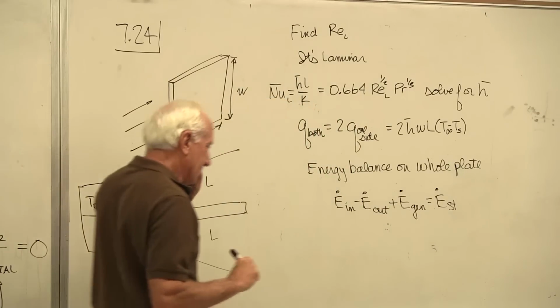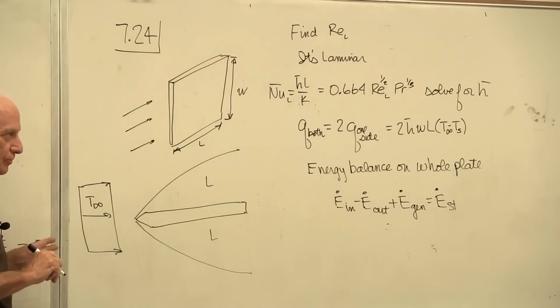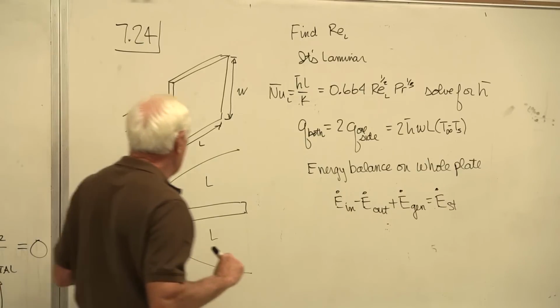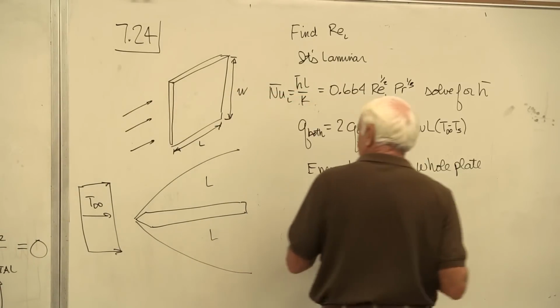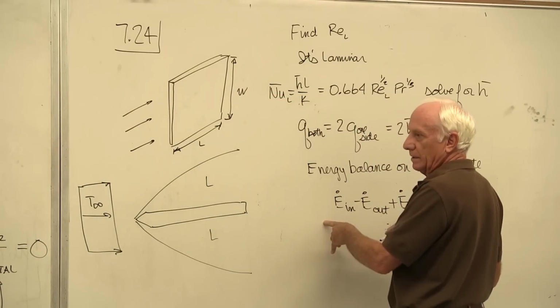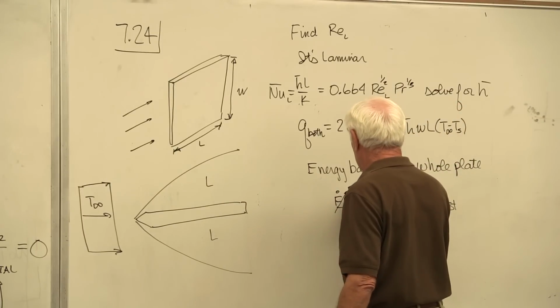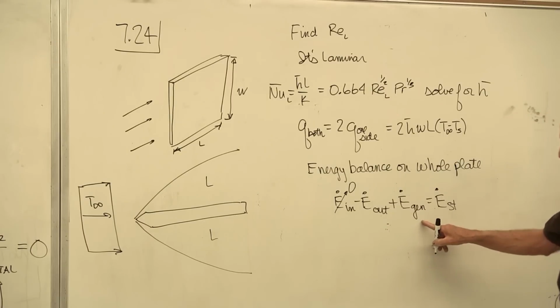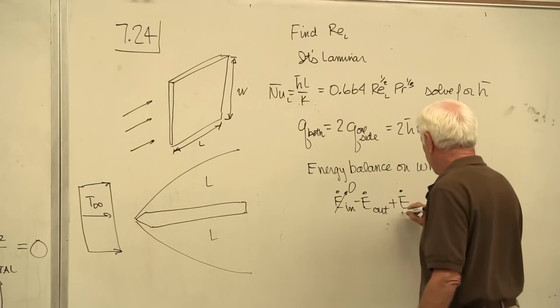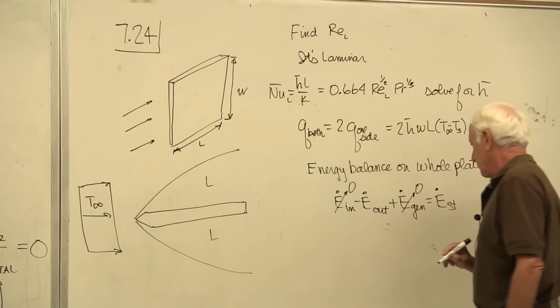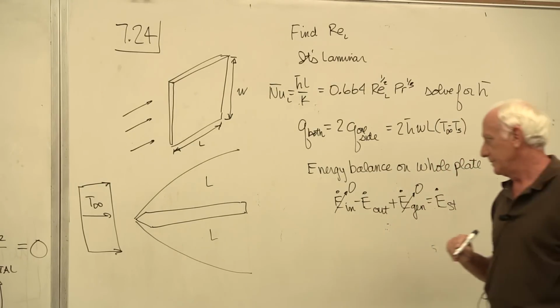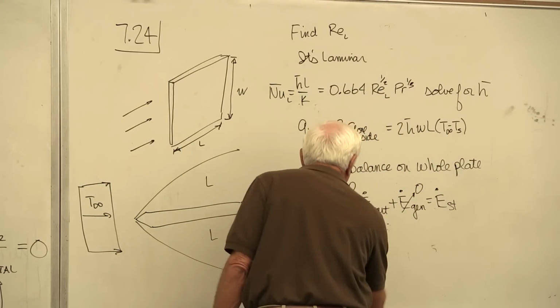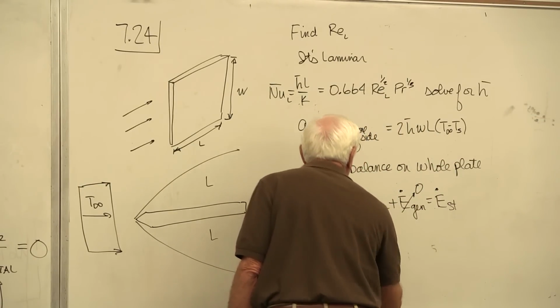Okay, look at my plate. The plate comes in hot. It's being cooled by air blowing over it. Any energy come in? No, zero. Energy goes out? Oh yeah, by convection. Generation? No. Storage? Of course. Okay, minus E dot out.